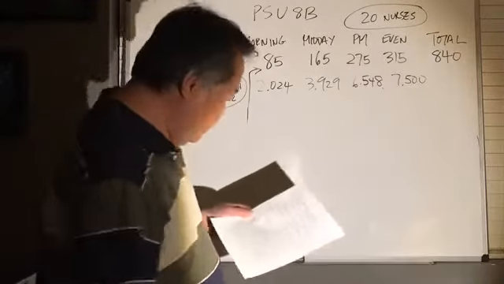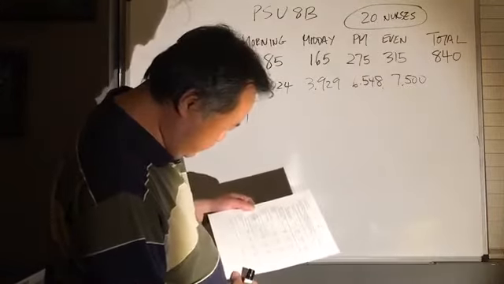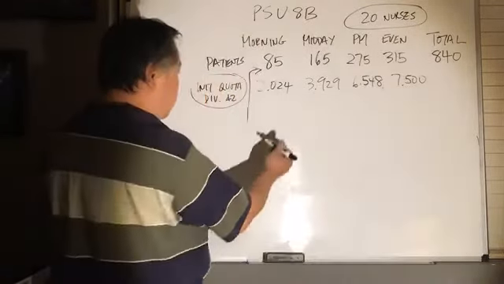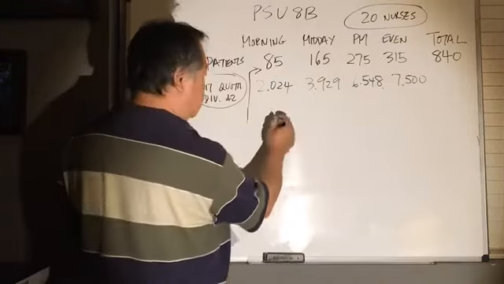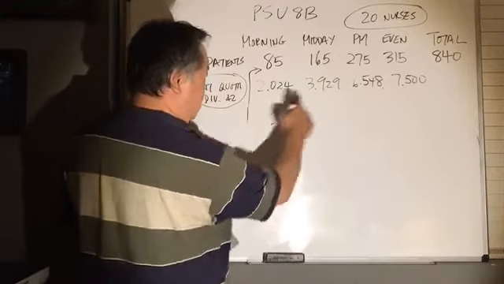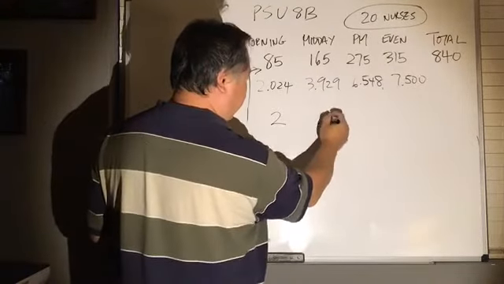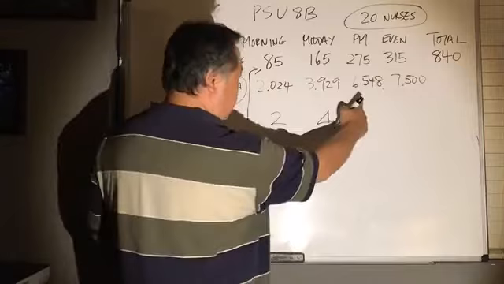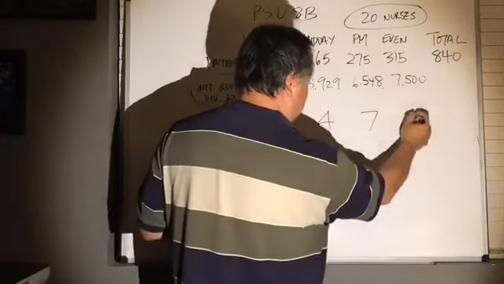So for Webster's, we're going to do the common sense rounding. So there's going to be 2. Let's round down. Now 3.9, we're going to round up to 4. And 6.5 is going to round up to 7. 7.5 is going to round to 8.